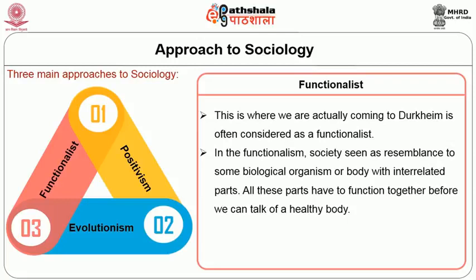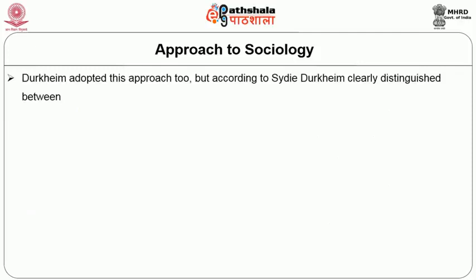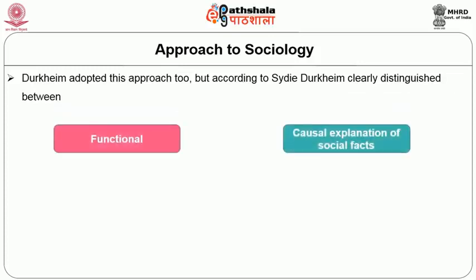All these parts have to function together before we can talk of a healthy body. The functionalist approach was adopted by the less conservative sociologists. As already mentioned, Durkheim adopted this approach too. But according to Saidi, Durkheim clearly distinguished between functional and causal explanation of social facts.